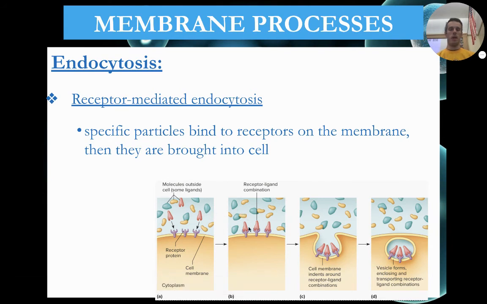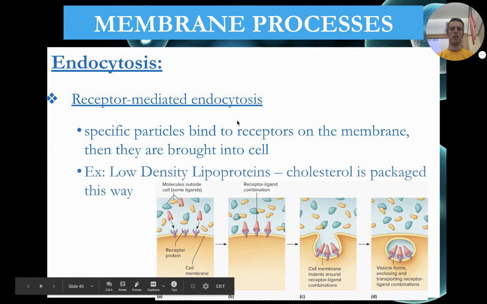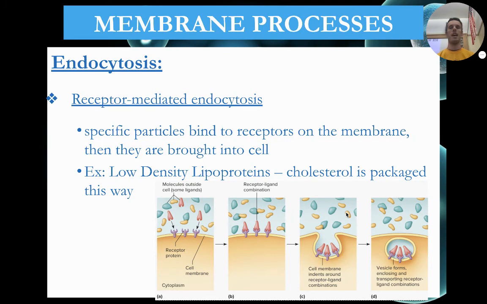And when they bind to them, that will initiate the process of pinching off part of that membrane to bring them inside of the cell. An example of receptor-mediated endocytosis involves low-density lipoproteins, where molecules like cholesterol are packaged and brought into the cell.